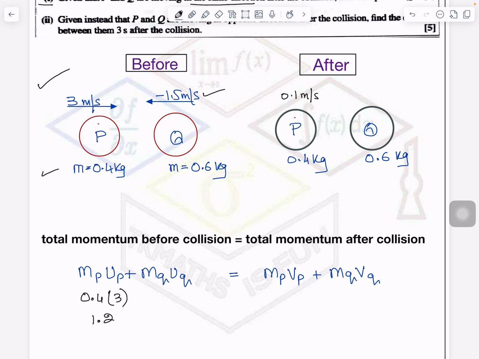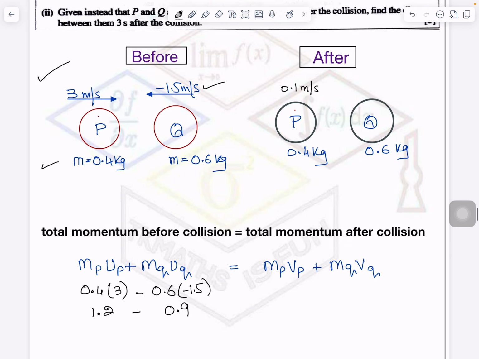And the momentum of Q is 0.6 into minus 1.5, which is 0.9. If you forget the sign at that moment and just remember the numeral value, 1.2 and 0.9, the momentum of object P is greater than the momentum of object Q. And that's why it will influence the direction after the collision.